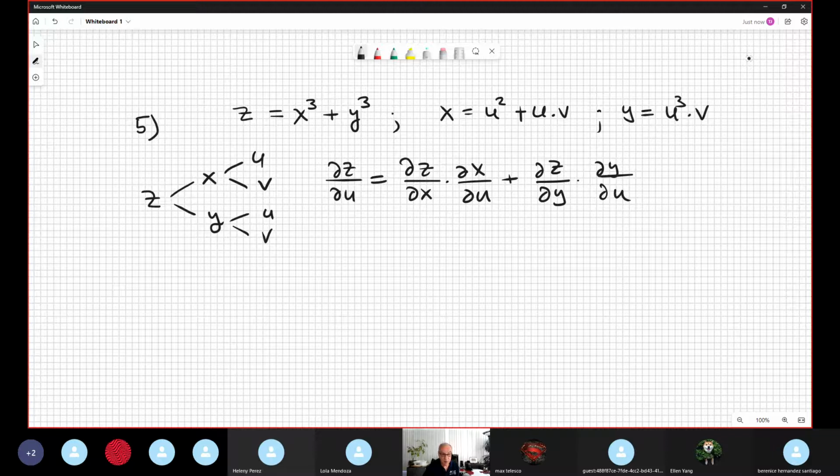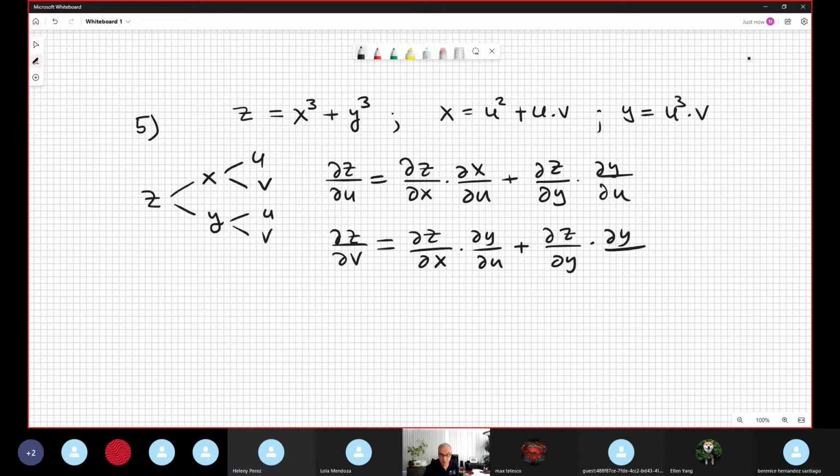And likewise, z with respect to b is partial z with respect to x, maybe to keep the same order, times partial x with respect to b, plus partial z with respect to y times partial y with respect to b. This is b here, and this is also b here, because the independent variables are u and b.